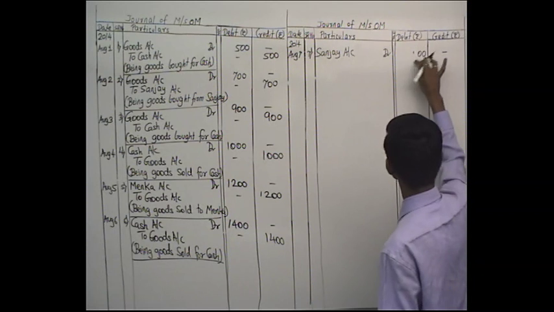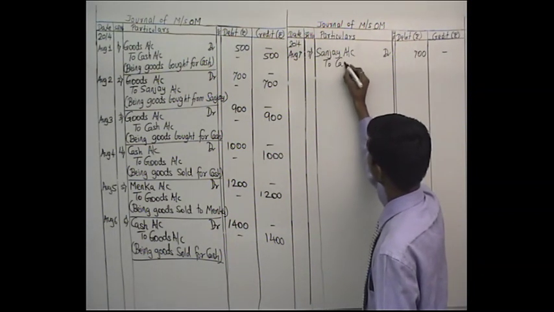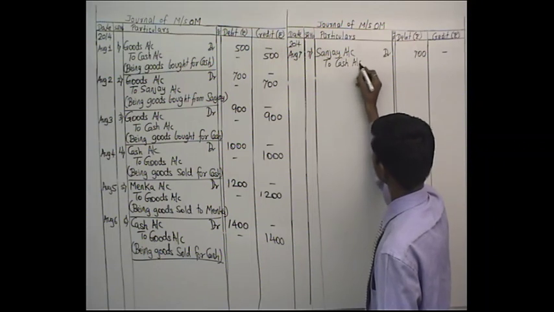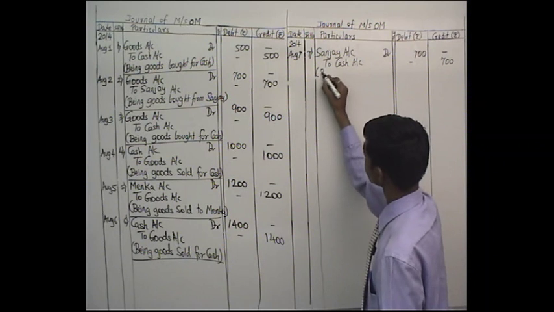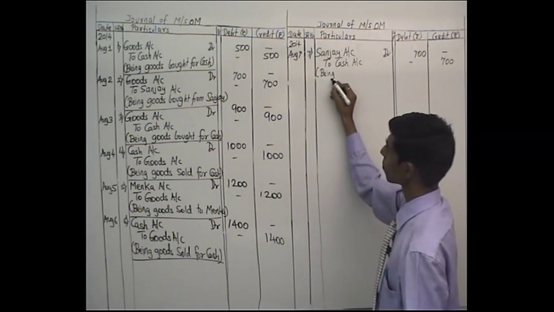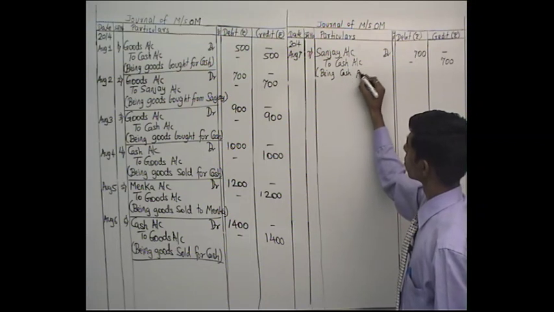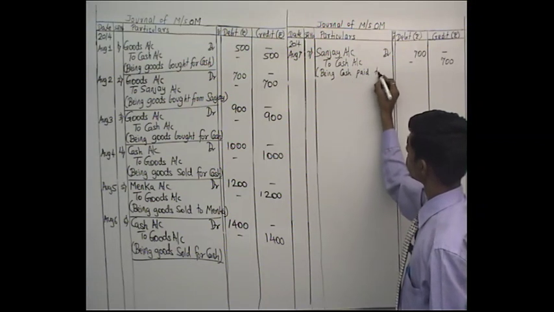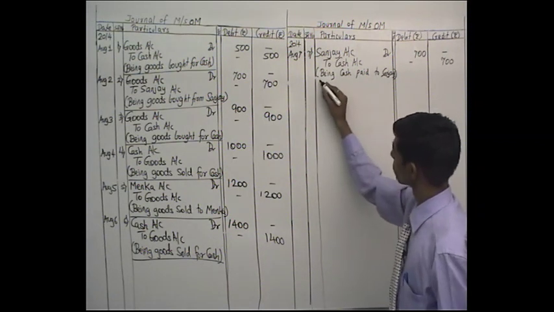Sorry, it's 700, to cash account 700. Being cash paid to Sanjay.